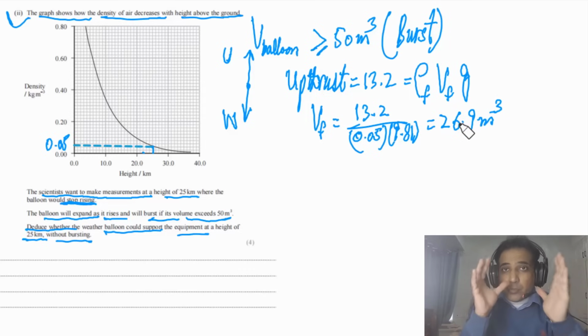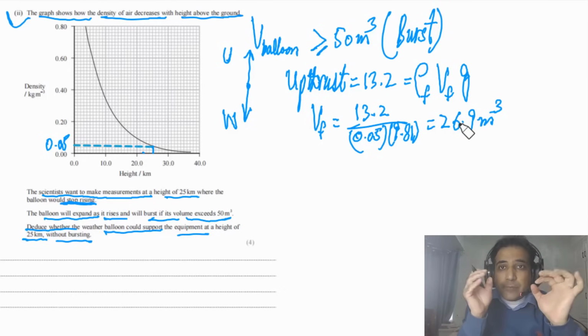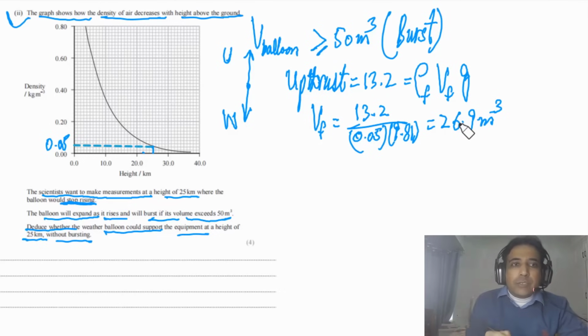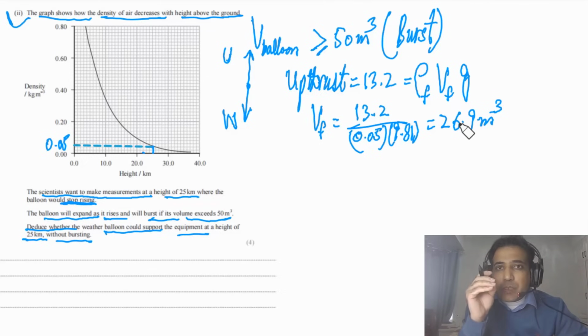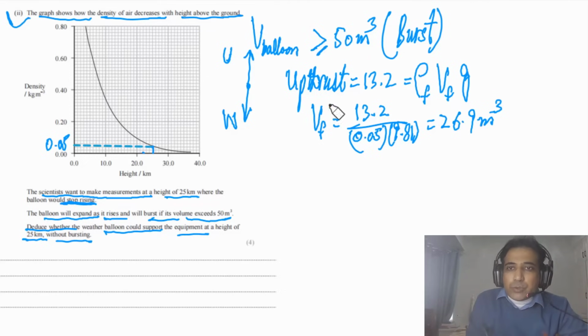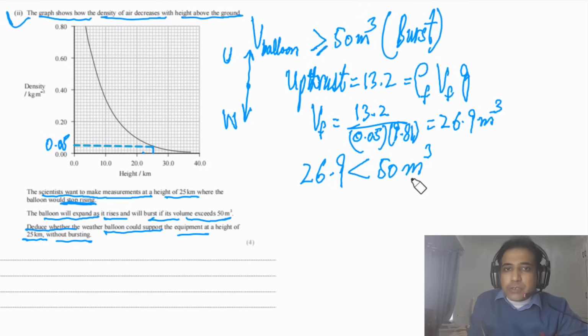And this is the volume of fluid displaced. But the volume of fluid displaced is equal to the volume of the balloon plus the volume of equipment. In this case, we are assuming the volume of equipment is negligible. So then simply we can say 26.9 is smaller than 50 cubic meters.